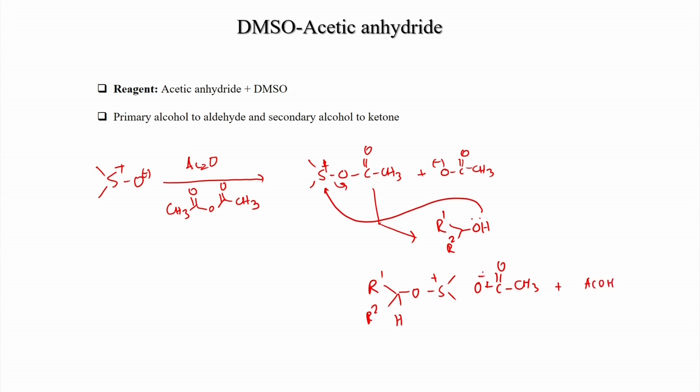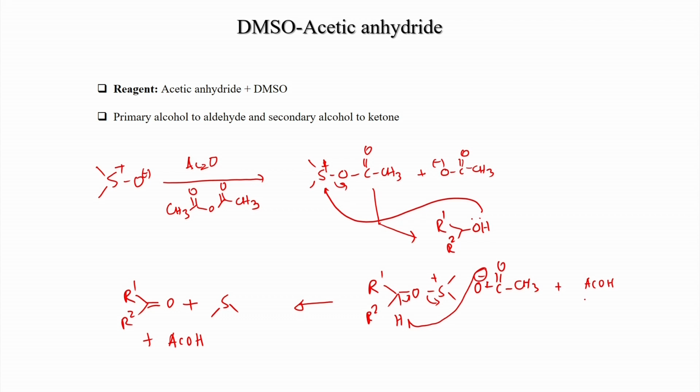Now, this acetate anion is basic enough to do the deprotonation. So, you get the carbonyl compound plus dimethyl sulfide plus acetic acid.